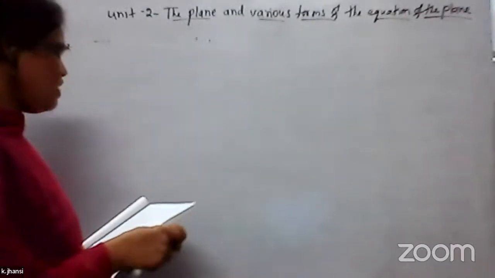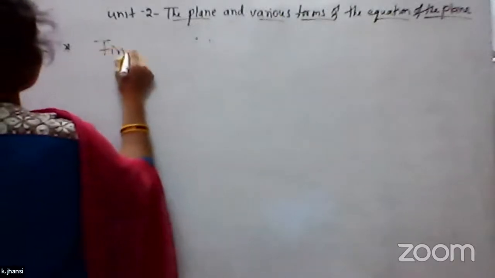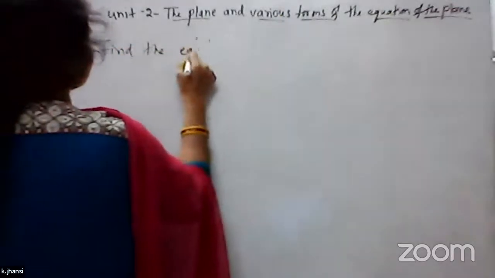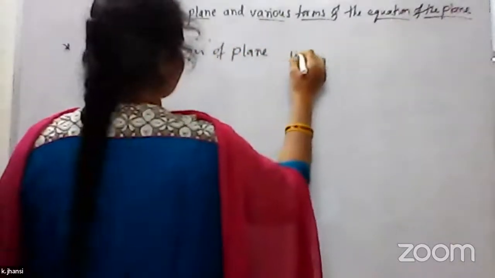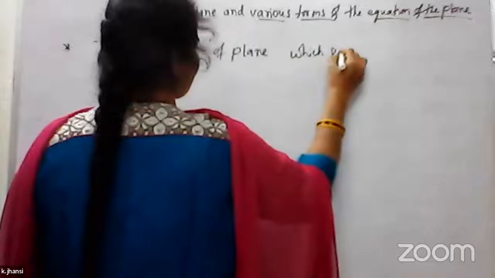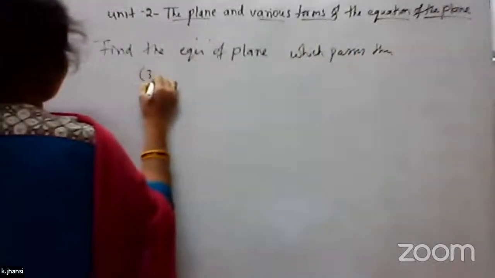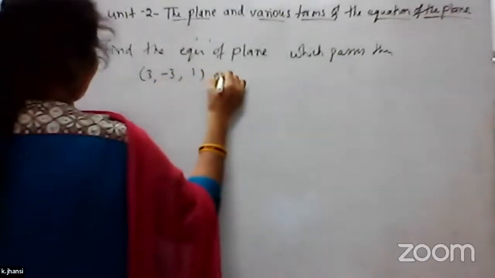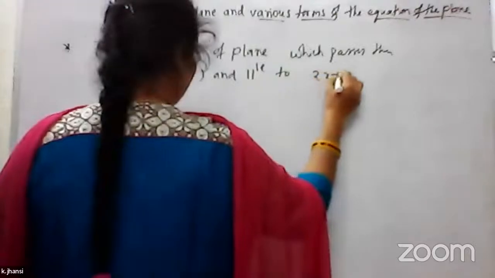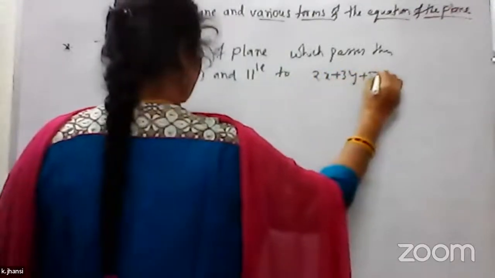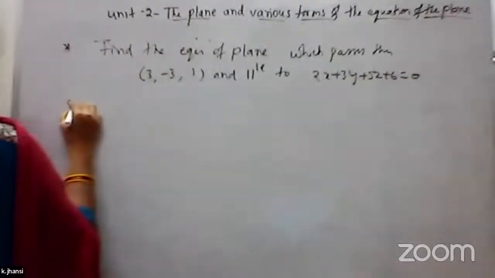So find the equation of the plane which passes through the point (3, minus 3, 1) and is parallel to the plane 2x plus 3y plus 5z plus 6 equals 0.